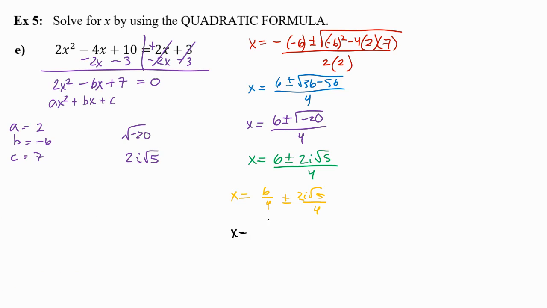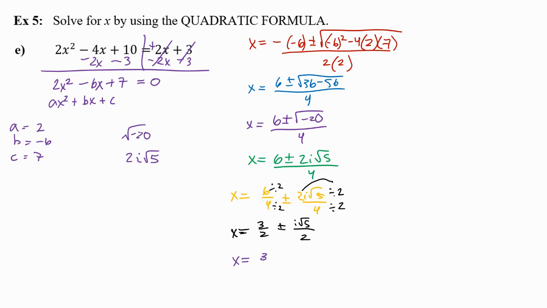6 over 4 can be simplified as 3 halves if you divide top and bottom by 2. Same thing to the other fraction. We're going to divide top and bottom by 2. 2 divided by 2 gives us 1. We don't need the 1 in front of the i, so we'll just be left with i root 5 over 2. Now notice both fractions still have the same denominator, so I can add or subtract the numerators.